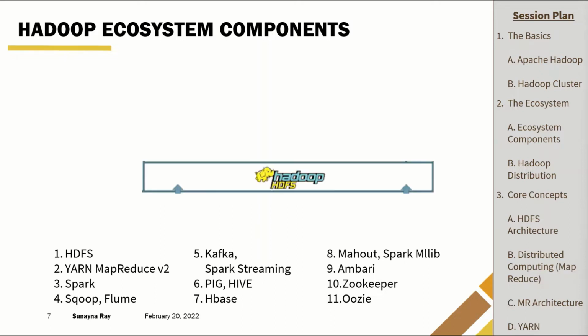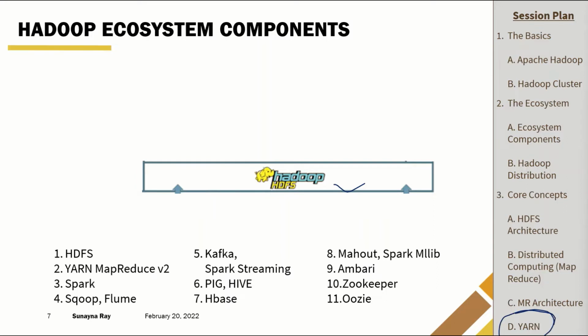Let us start with the first one, the HDFS. HDFS is basically the distributed file system where, as we discussed, the data is stored on multiple systems. And this is where the storage for the whole ecosystem happens. Next, if you remember, we had discussed the processing that is parallelized. That was called MapReduce. There's something called YARN, yet another resource negotiator, which we'll be looking at later in the course.